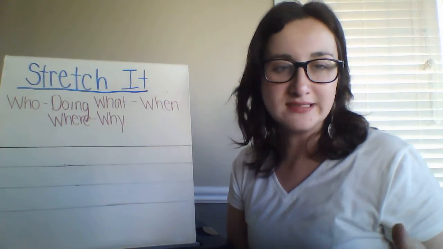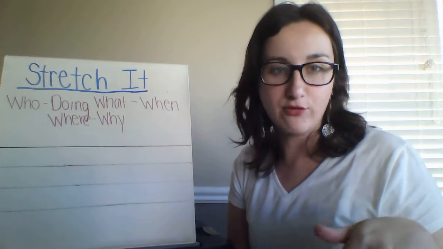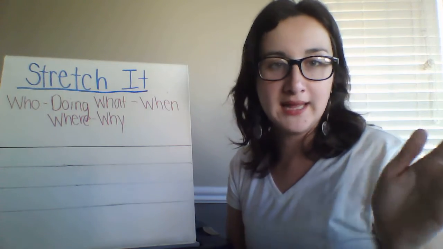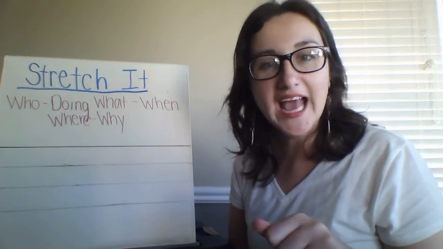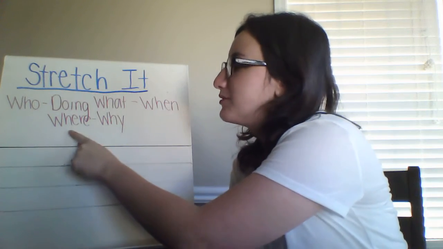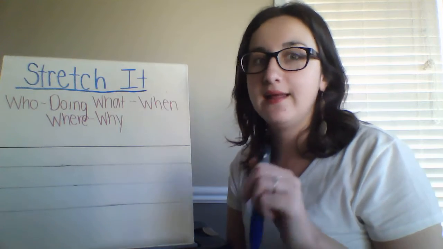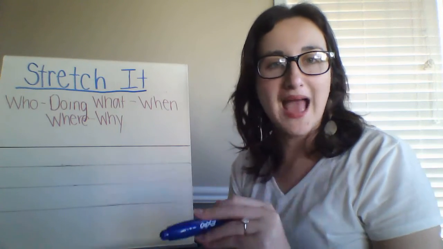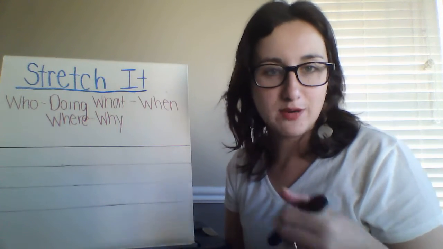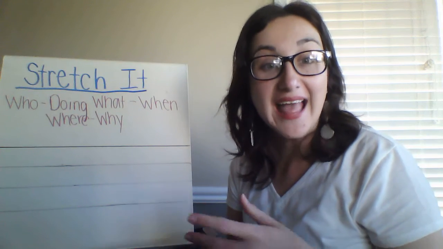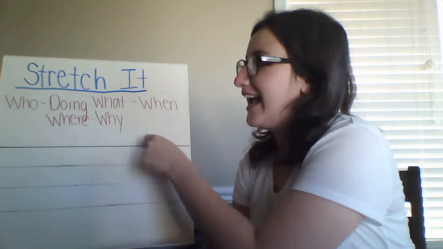So to add more detail, you can put a time frame on it. In the morning, in the evening, at 2 p.m. You can also include where. So if you included a location, in the house, in the farm, outside, that provides more information. And then you can also provide why.